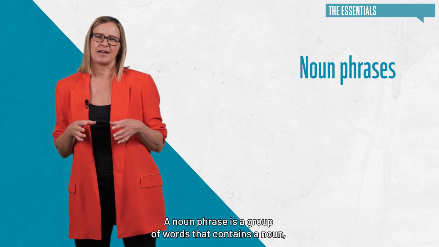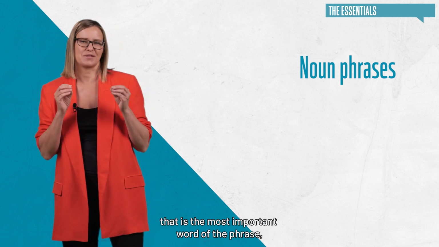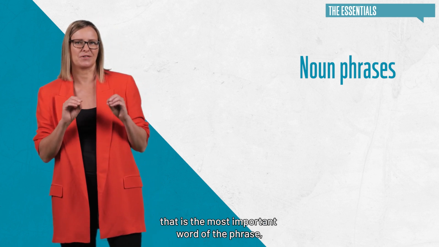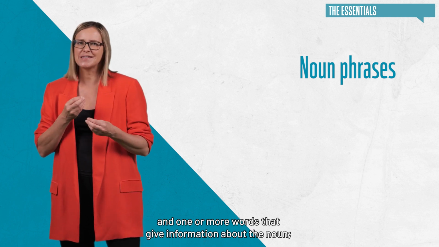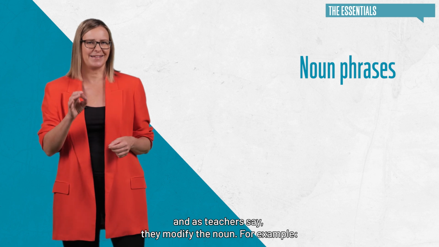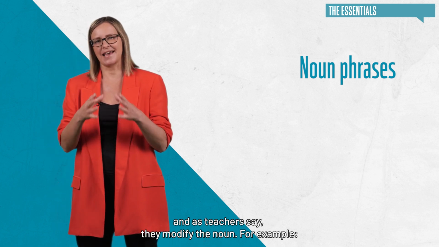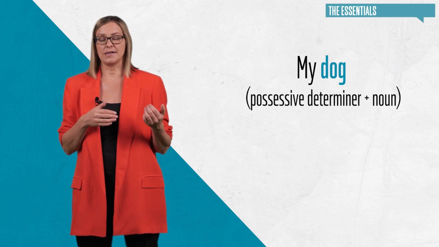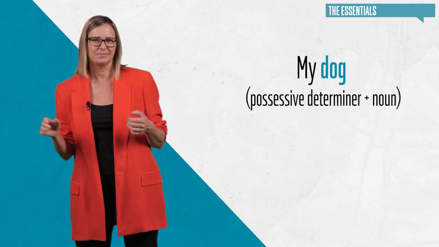A noun phrase is a group of words that contains a noun, that is the most important word of the phrase, and one or more words that give information about the noun. And, as teachers say, they modify the noun. For example, my dog, possessive determiner plus noun.